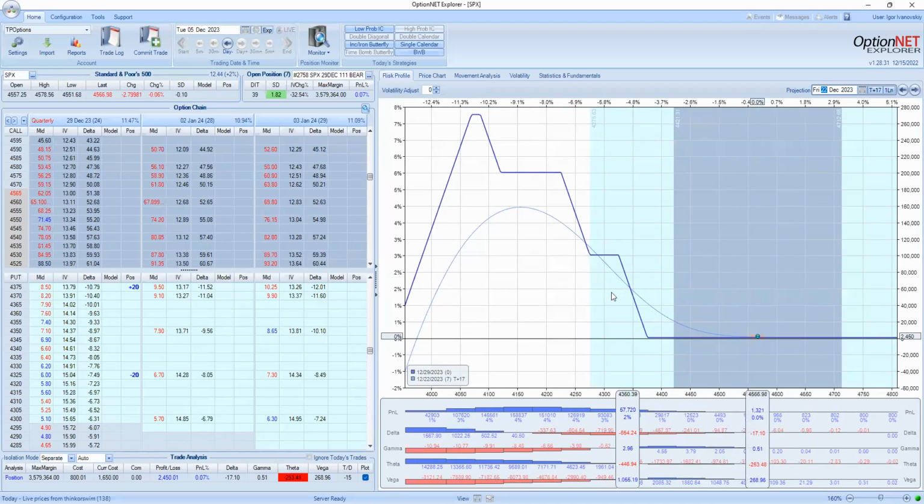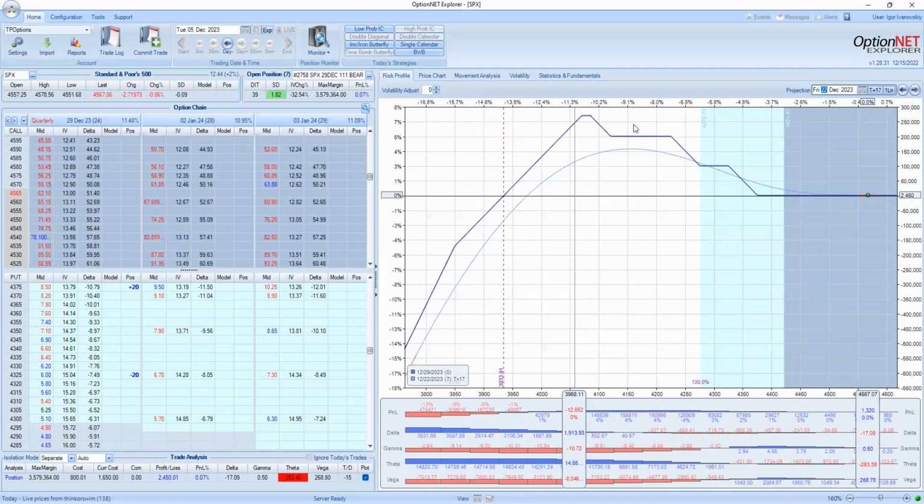But if we do, right, you can see that the T+0 line really comes alive. And that happens at 44.50 or below. So if we move down to 44.50, this trade will increase in value because these debit spreads are going to increase in value, while the naked puts are really not going to do much.